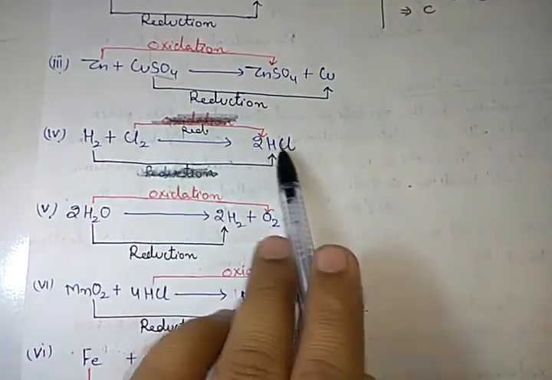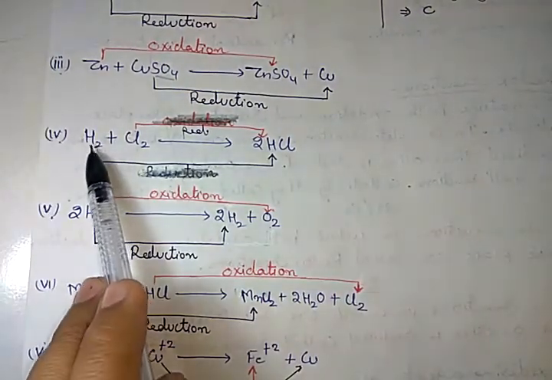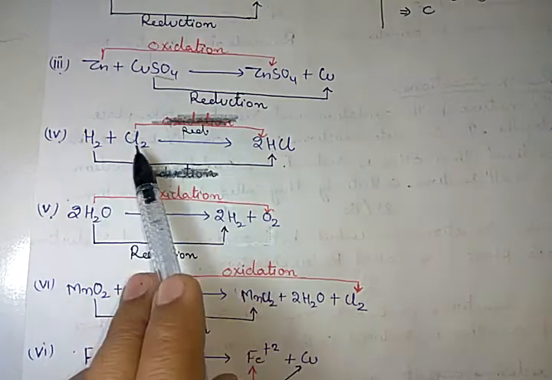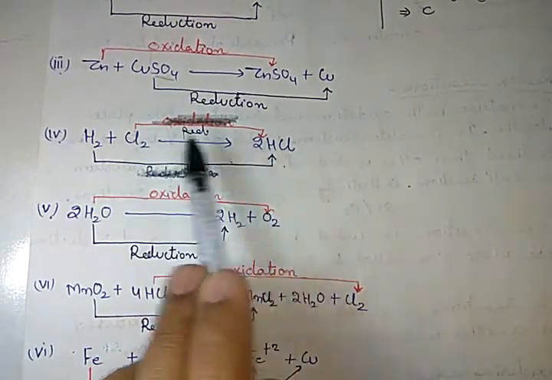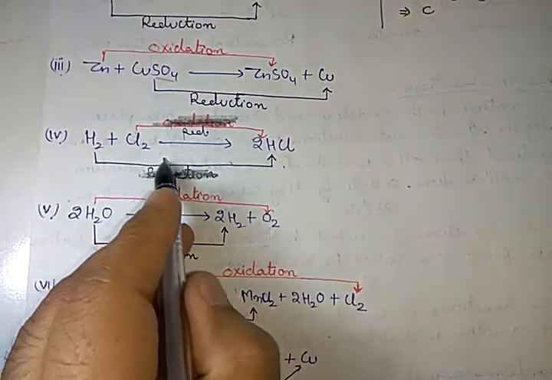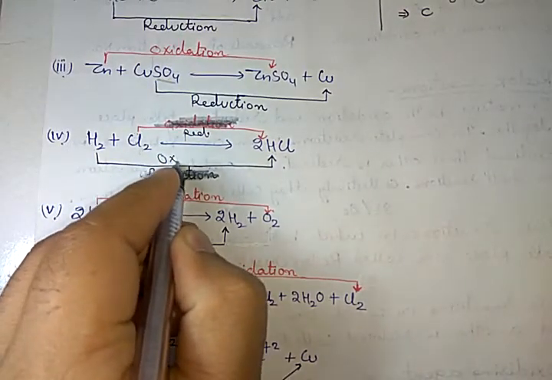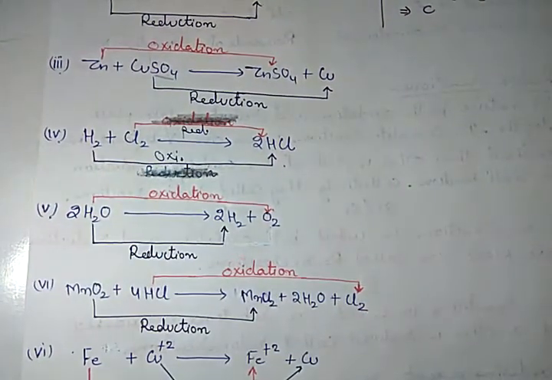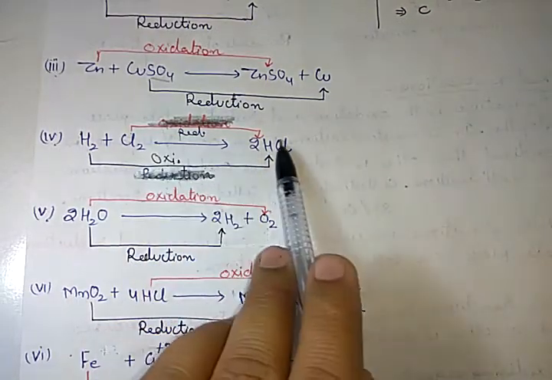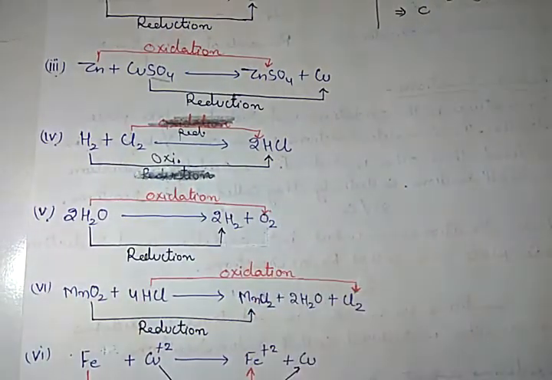That means chlorine is going in reduction. Similarly, this hydrogen and this hydrogen, an electronegative chloride ion is added, so it is oxidation. That means it is reduction and it is oxidation.